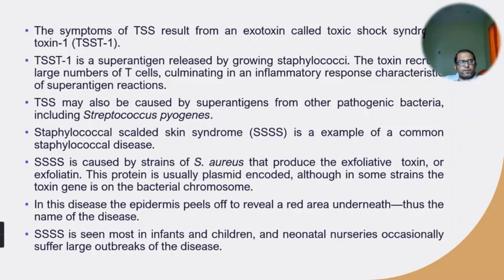This protein is usually produced by plasmids present in the bacteria. Some strains may carry the toxin production genes on their chromosomes. So it is a plasmid-coded toxin, or protein, that causes this type of syndrome.